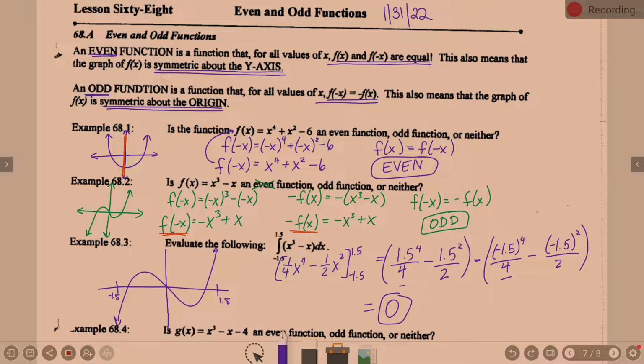So officially, we're going from here to there. But when you look at that area under the curve, it'd be this area canceling with that area, and that area canceling with that area. Okay?